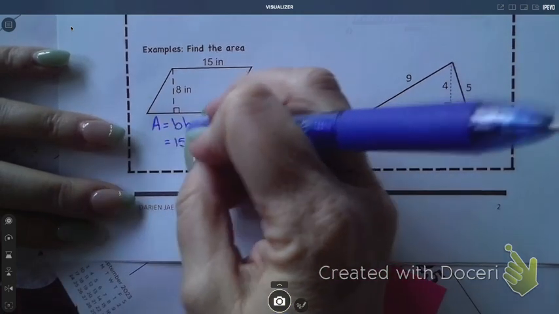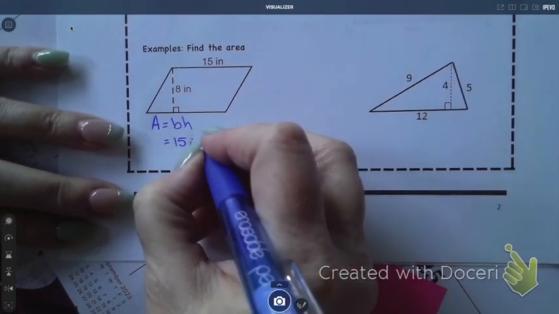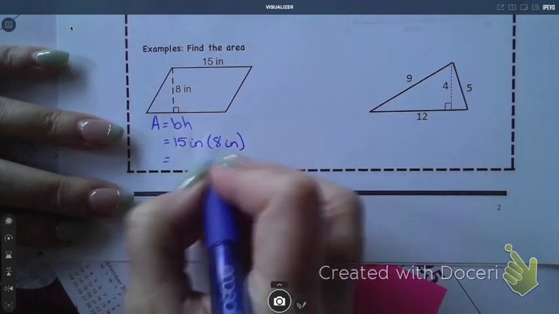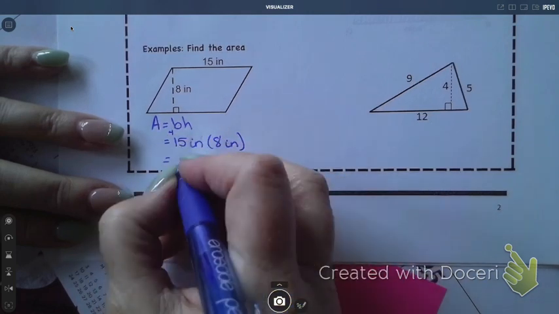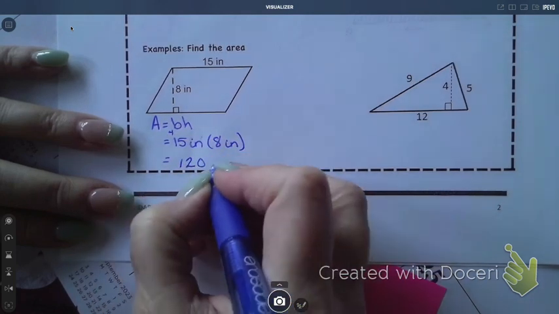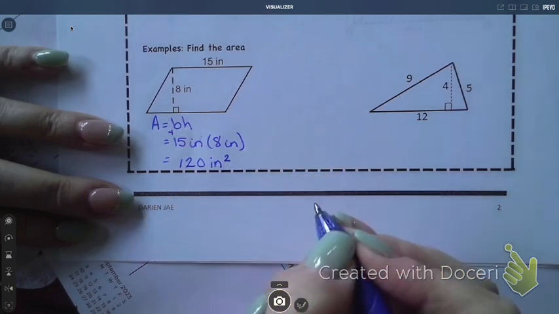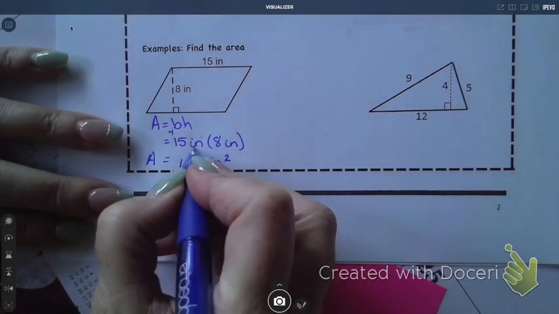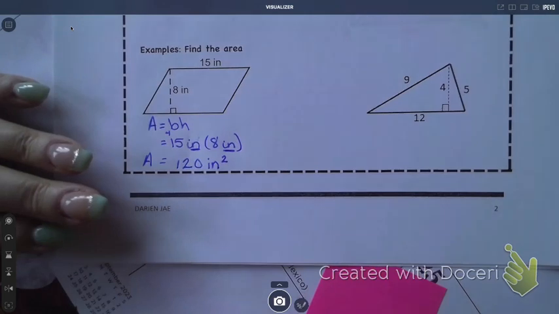Now, remember that is 15 inches times 8 inches. So, 5 times 8 is 40. Carry a 4. 120 what? Inches what? Squared. Why is it squared? Because it's inches times inches. So that means it's square inches.